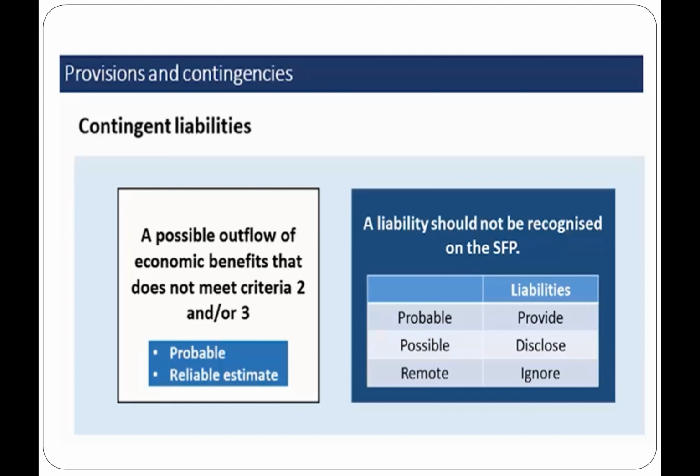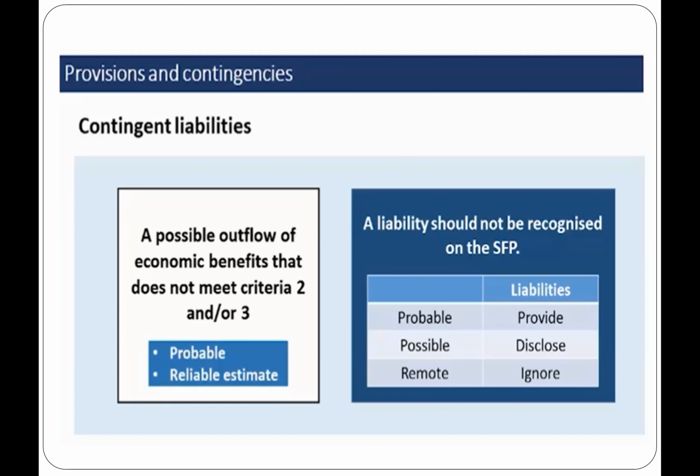So that's the disclosure that you need to put in the notes of the financial statements. You explain the issue and the reason why you are not making a provision and putting it on the face of your statement of financial position. So for provisions, you actually put the provision on the face of the balance sheet.